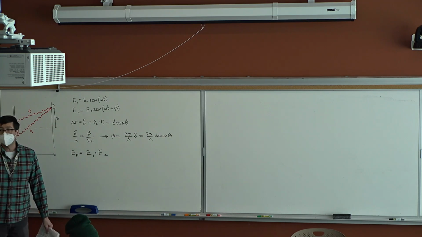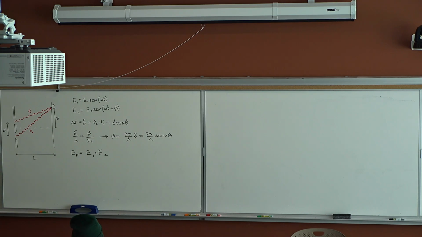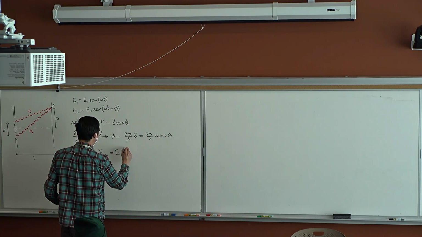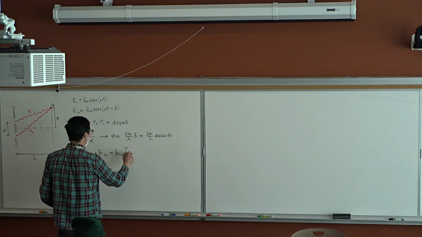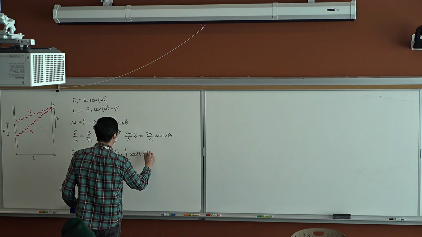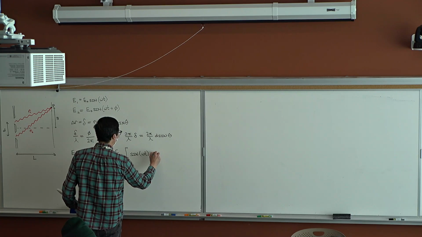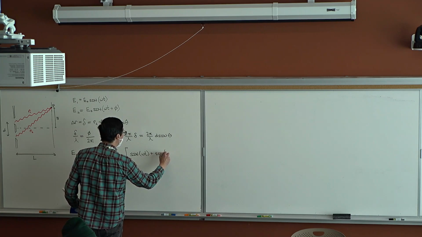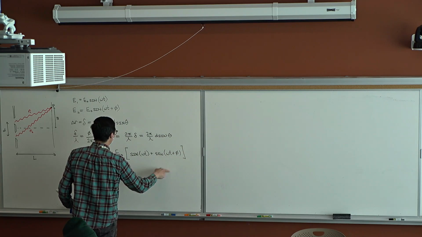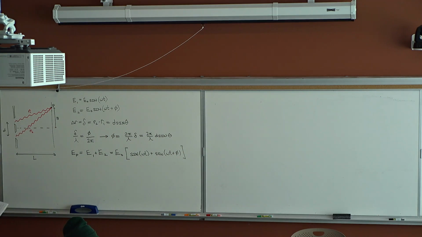No one's too cranky about that. Wonderful. So we could write this as E naught times the quantity sine of omega t plus sine of omega t plus phi.